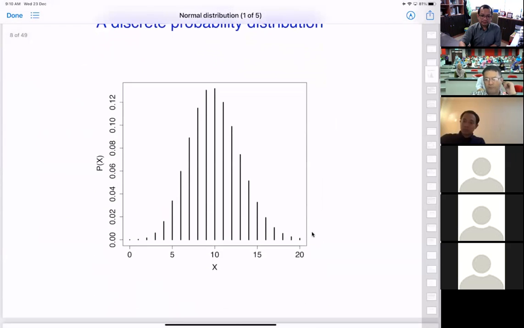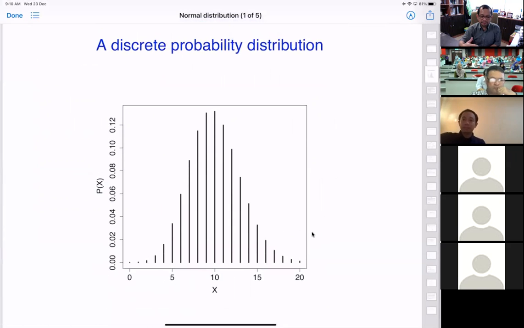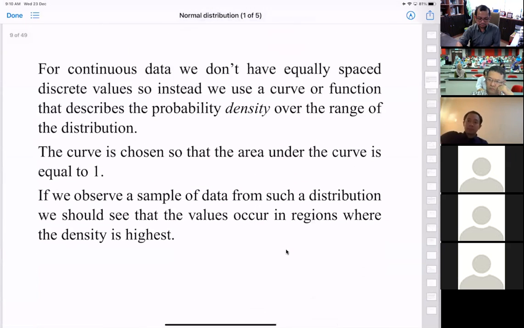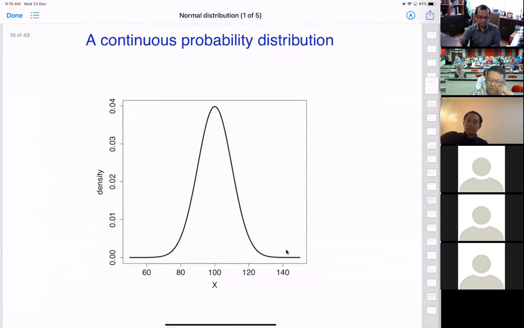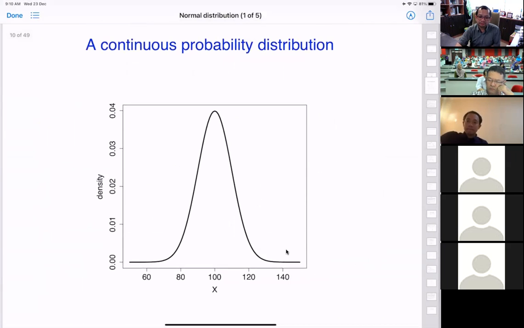And it is demonstrated in this probability distribution. The area underneath this curve is equal to 1. And this is a continuous probability distribution.